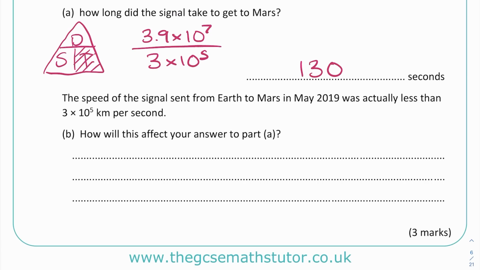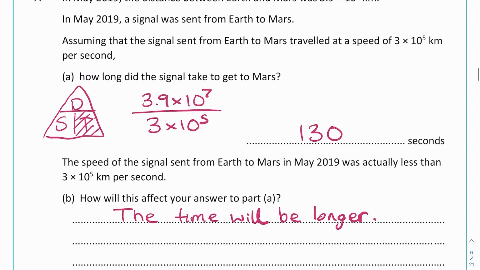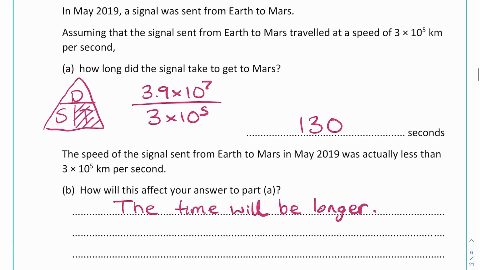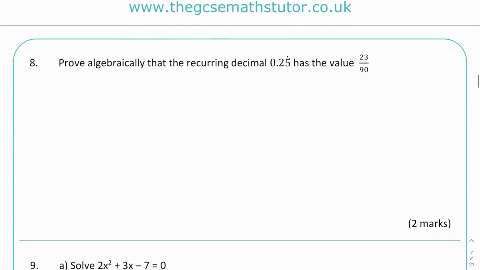How will this affect your answer? Well, if it's not actually travelling as fast, then it's going to take longer. So we would just need to say the time will be longer. There we go, and that would be a fine explanation there. So there we go, there was a little bit of speed distance time using standard form.